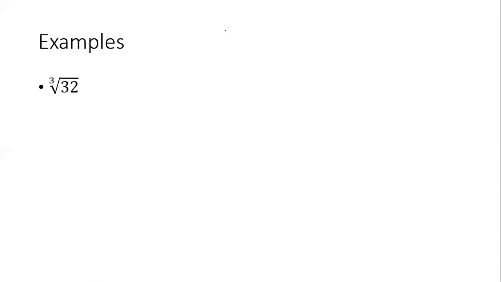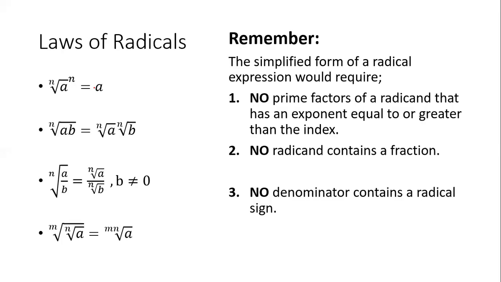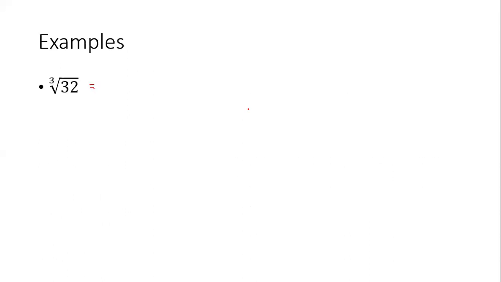So, examples na po agad. The cube root of 32. So the first rule, if we may review, no prime factors of a radicand that has an exponent equal to or greater than the index.